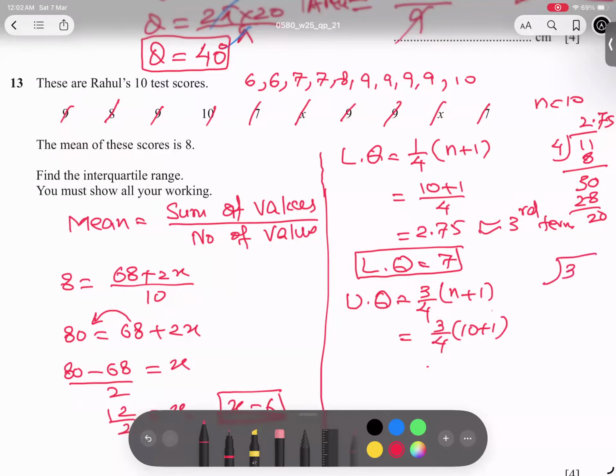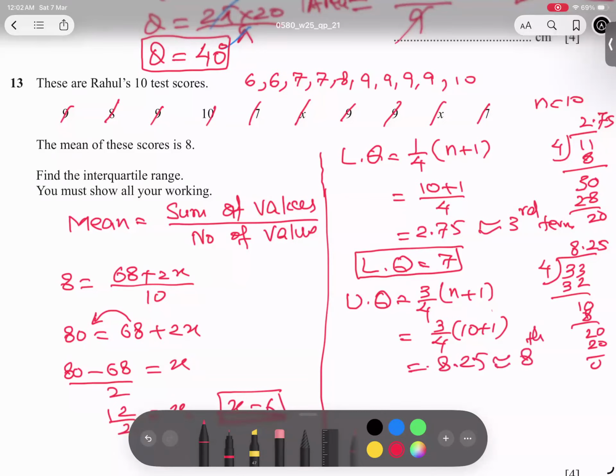So 33 by 4. 4 eights are 32, 1 left. Decimal 0. 4 twos are 8, 2. 2, 8, 5 fours are 20. I believe it's clear. So I'm getting 8.25, which is approximately 8.